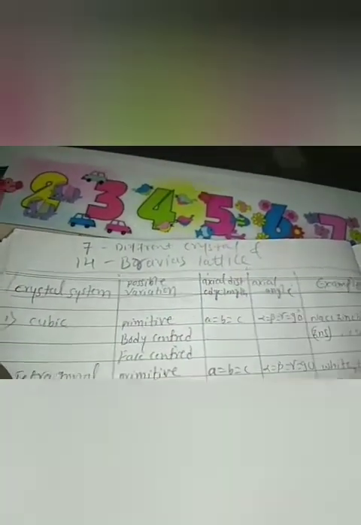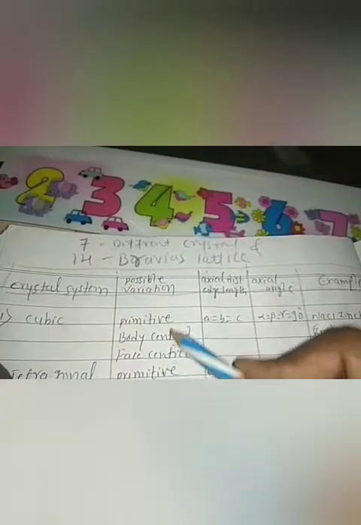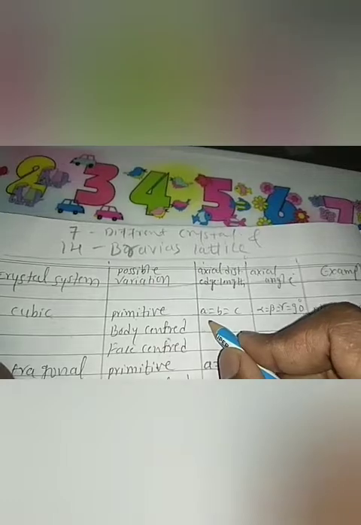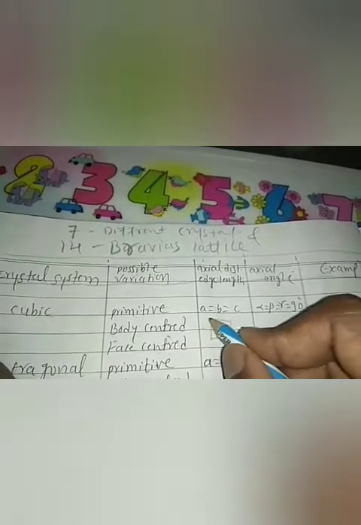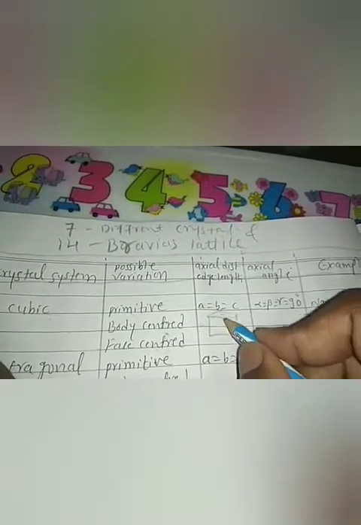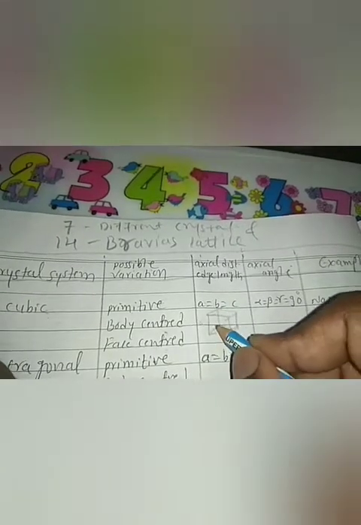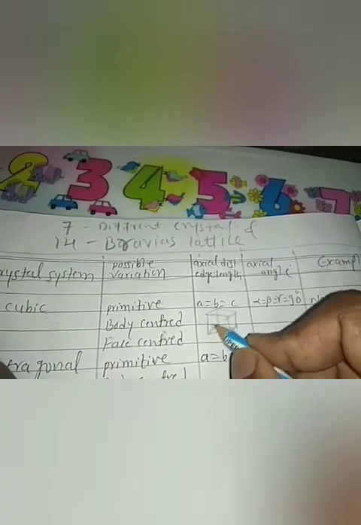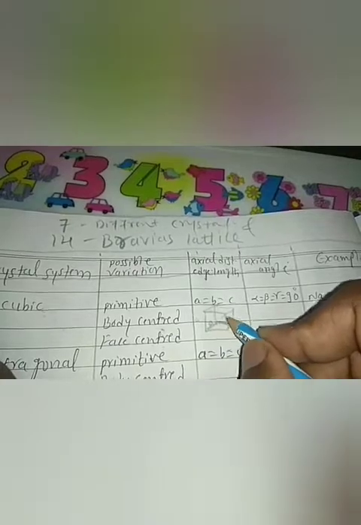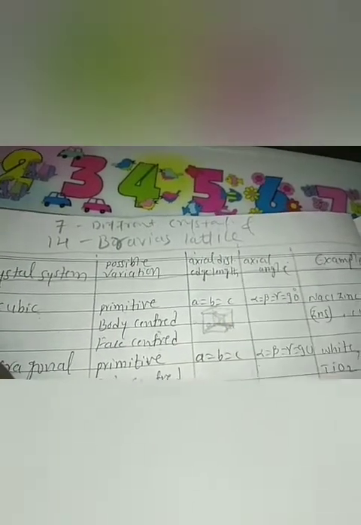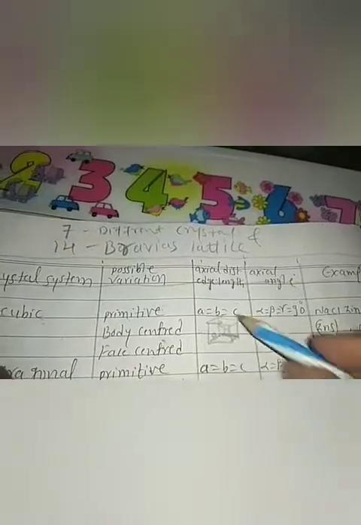Cubic contains three types of lattice. In all the lattices the edge lengths remain the same, like this. A edge length is equal to B, B edge length is equal to C. So the edge lengths remain the same here.